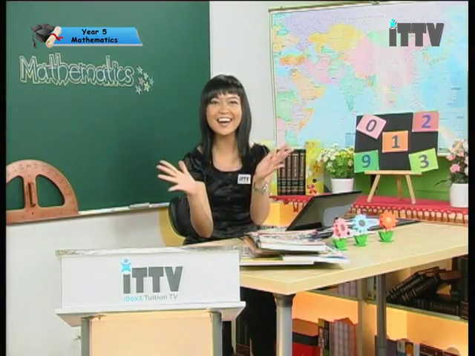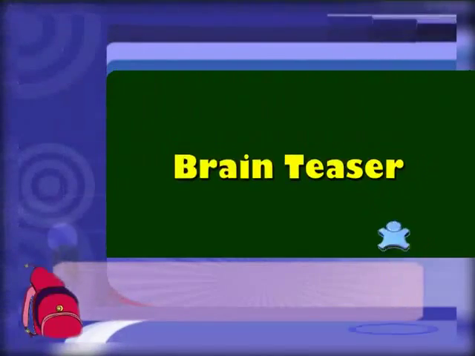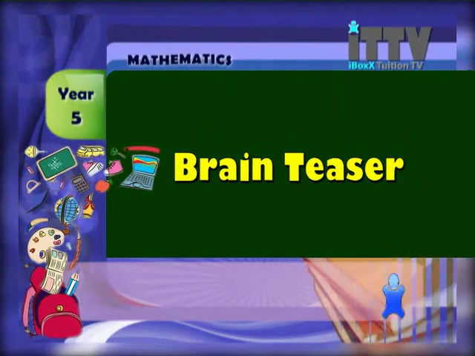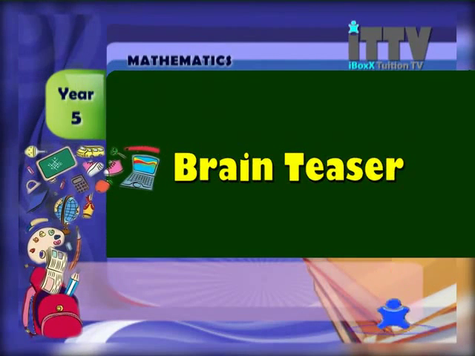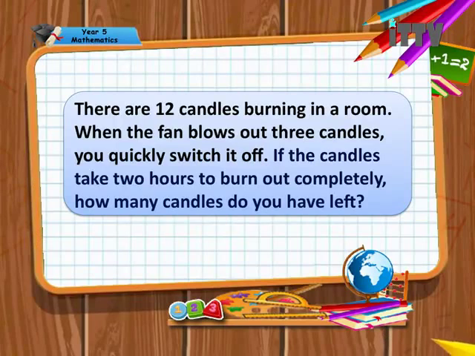Okay, now it's time for Brain Teaser! Now, let's take a look at this question, the brain teaser that I've prepared for you. There are 12 candles burning in a room. When the fan blows out 3 candles, you quickly switch it off.